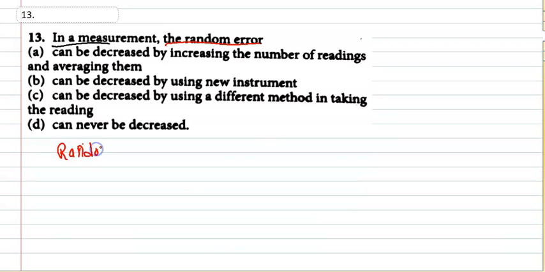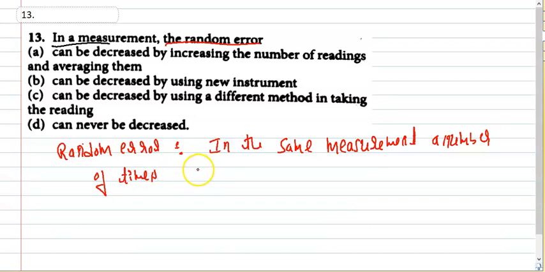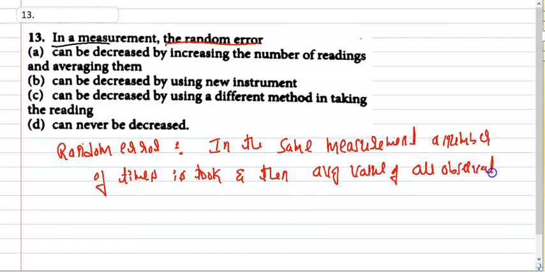Random error means that in the same measurement, a number of trials are taken, and then the average value of all the observations is taken. That is the random error.